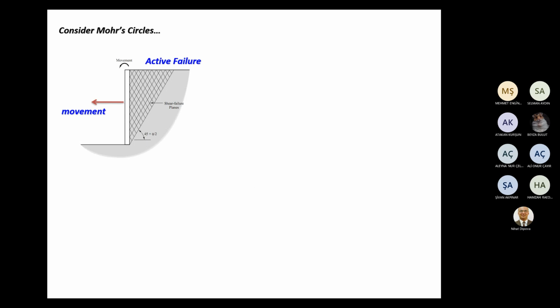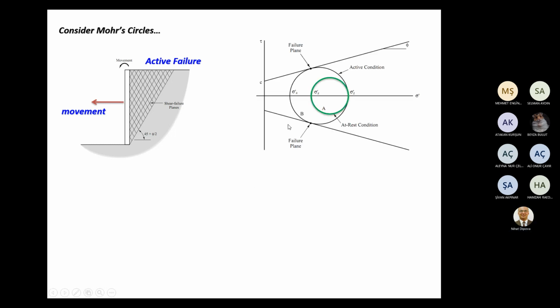Let us discuss this issue on Mohr circles, and let us start with active case. In active case, movement is away from the soil. And this is our stress state without movement, in other words, at rest condition, this green circle.